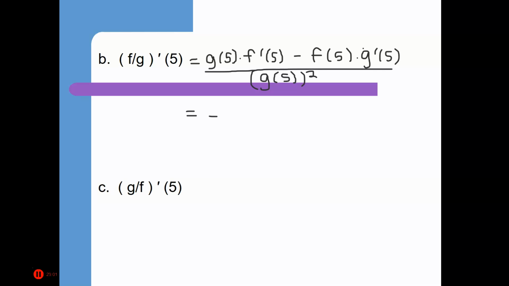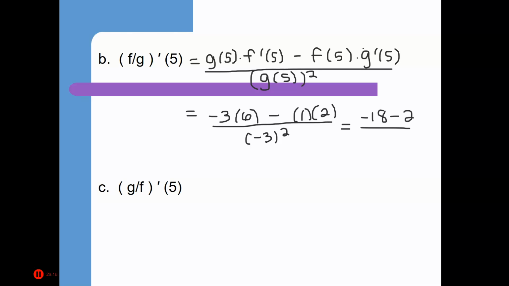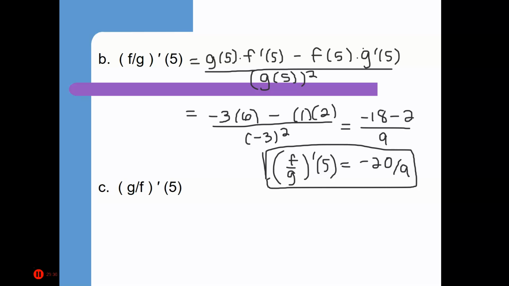So that's negative 3 times 6 minus 1 times 2, all over negative 3 squared. So you get negative 18 minus 2 over 9, or negative 20 ninths. So f divided by g, prime of 5, equals negative 20 over 9.